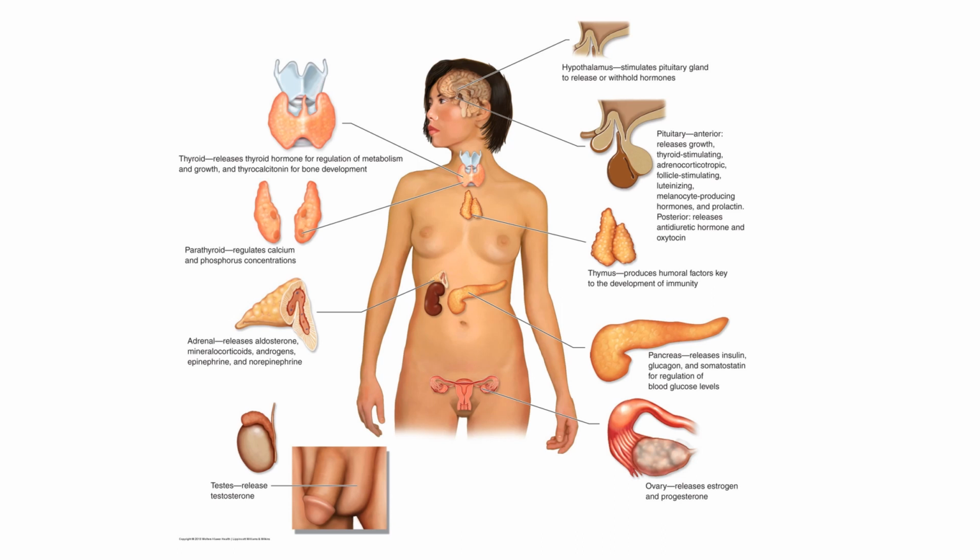The anterior pituitary also does growth hormone, and it does FSH, LH, and prolactin. So your follicle stimulating hormone and your luteinizing hormone, all of those come from the anterior pituitary.